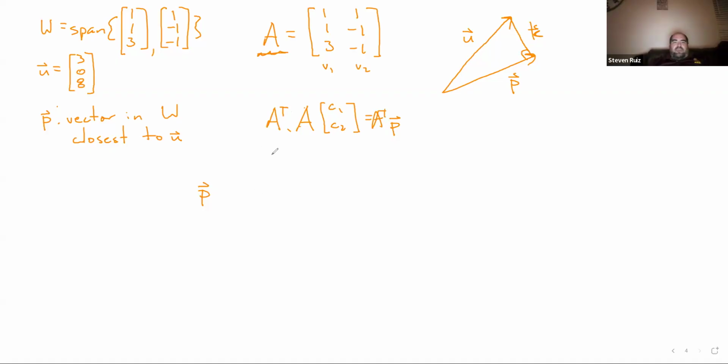Now I can rewrite this equation like this: A transpose A times the coordinate vector. This thing right here has an inverse. So P equals A transpose A times the inverse.